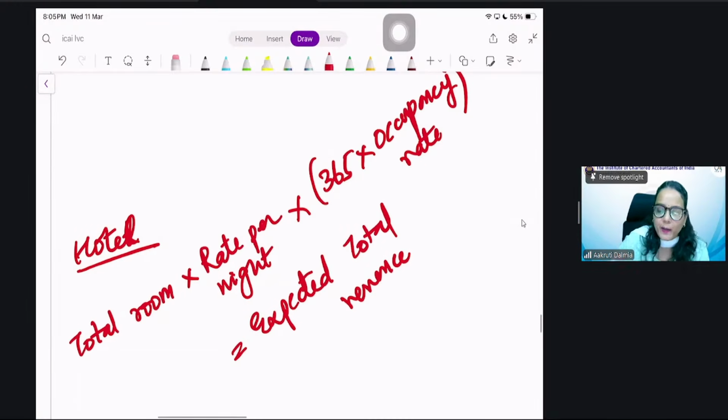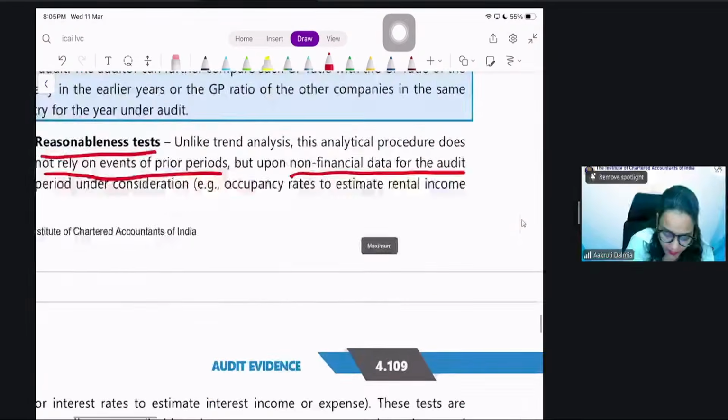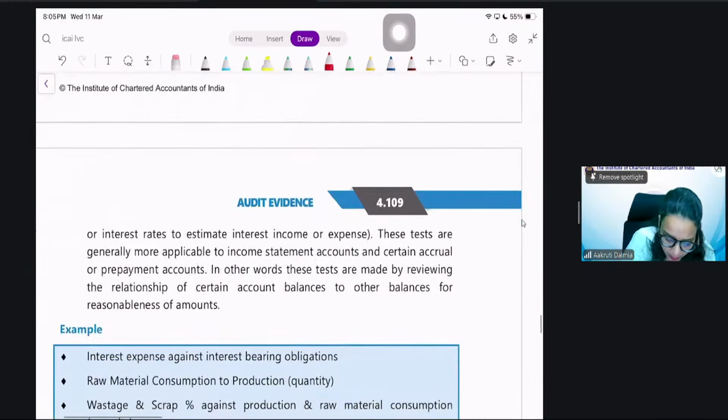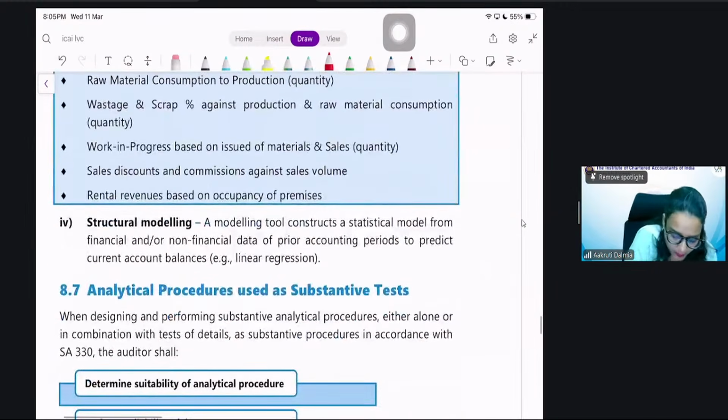So you can get an expected total revenue. That is called reasonableness verification. So occupancy rate to rental income and all that. These tests are generally more applicable to income statement accounts and certain prepayment accounts. Okay. So again, these examples are given.